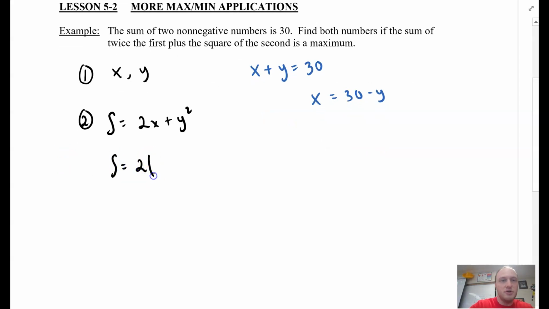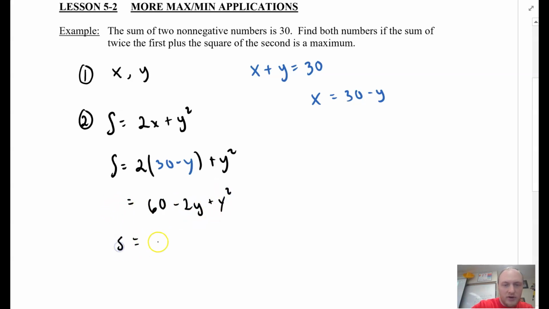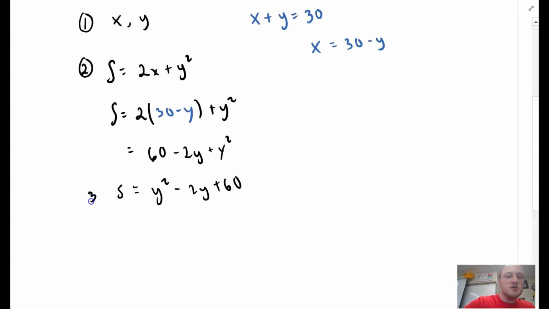So I have 2 times 30 minus y, plus y squared, and I'll simplify this to give us 60 minus 2y plus y squared. I'll rewrite this in standard form. There is my equation in univariate form, one variable.